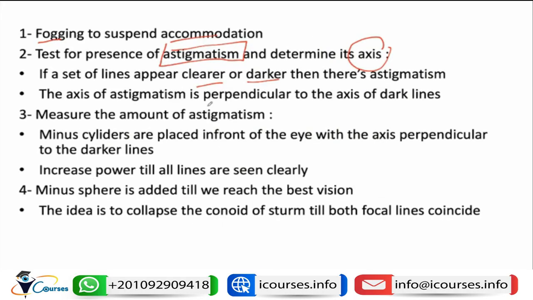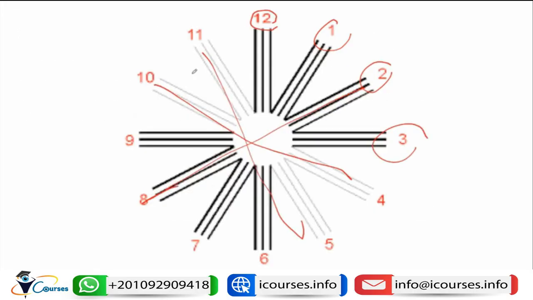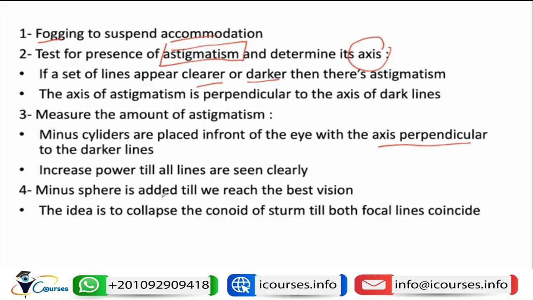Then, in order to measure the amount of astigmatism, the minus cylinder is placed in front of the eye with the axis perpendicular to the darker lines. So for this example, we will put minus 1, then minus 2, minus 3, minus 4, with the axis at 135, for example, because it will be in conjunction with the 4 and 10 o'clock axis, until the patient can see clearly, until all lines are seen clearly.